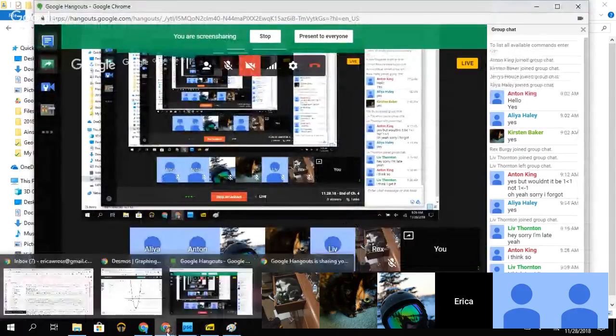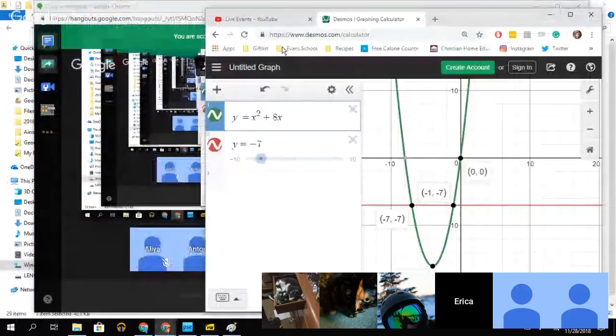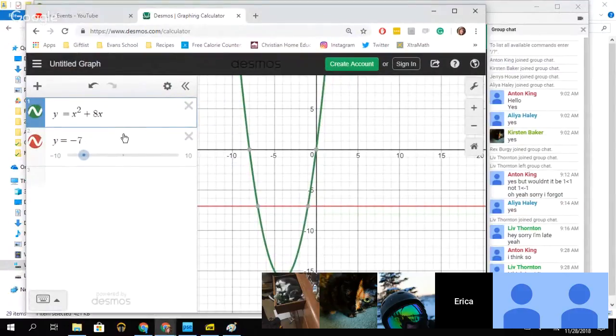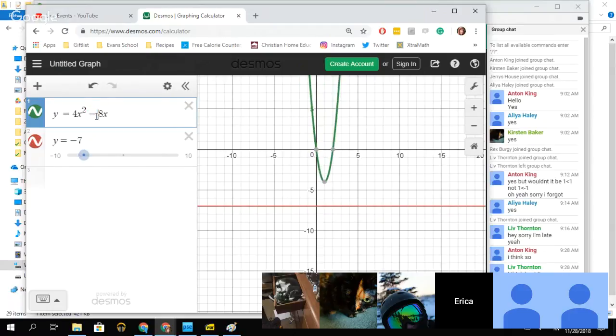Get back to Desmos. Okay. So number 43 says 4x squared minus 10x minus 7 is less than 10.